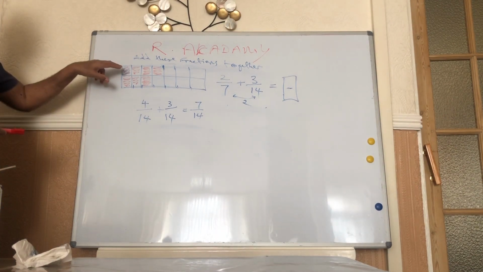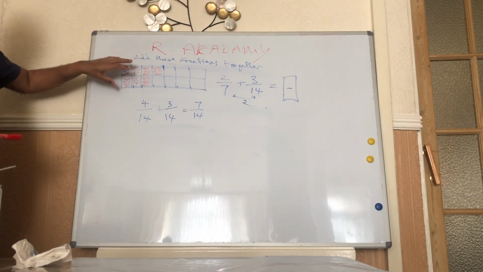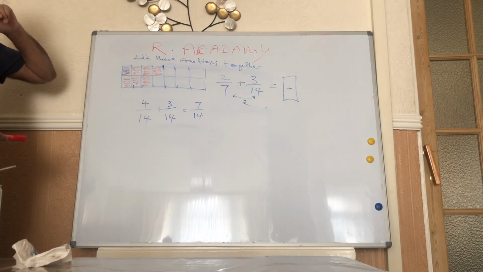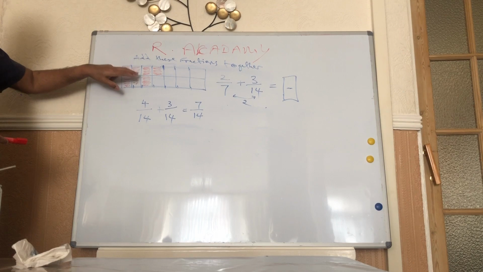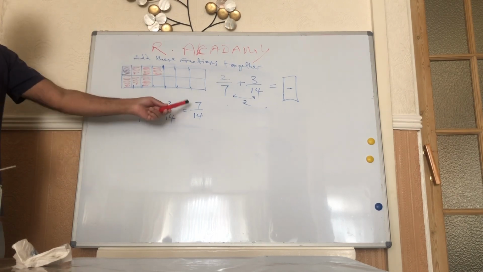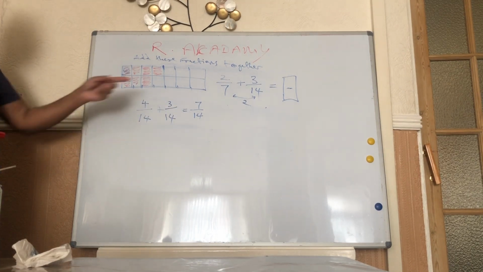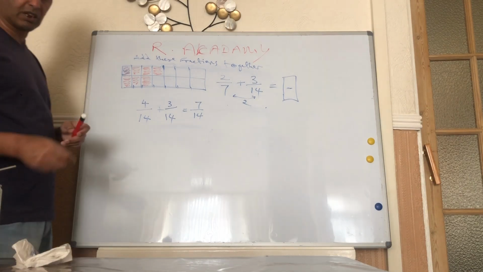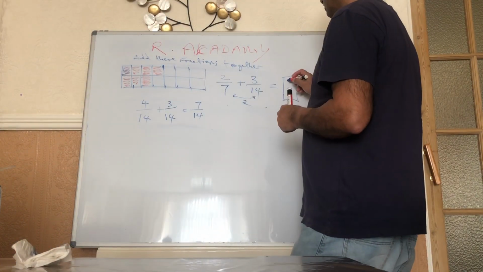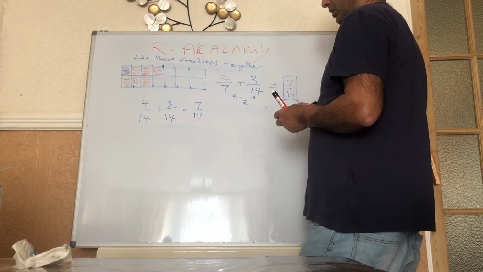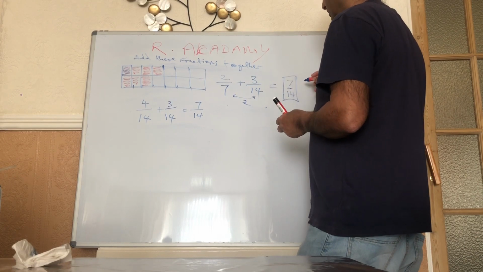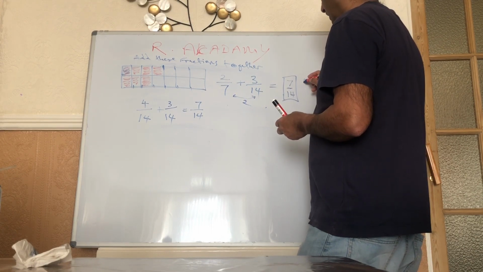Total number of squares that have been eaten would be 7. 1, 2, 3, 4, 5, 6, 7. And what have we got here? 7. So you know it makes sense and is correct. Now you can write it in here and finish your question. 7/14. And that can be simplified. It's basically a half.